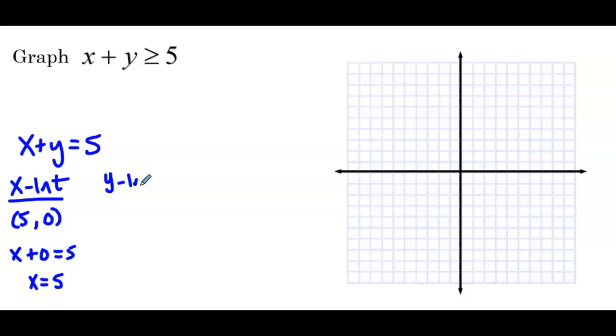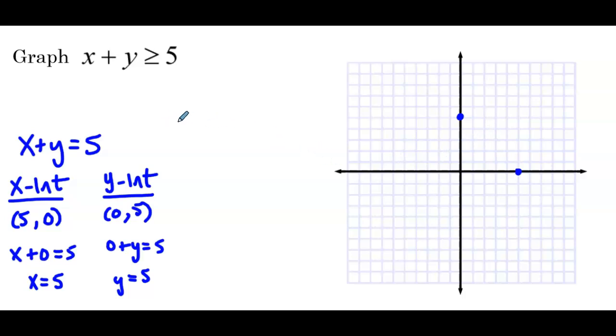And the y-intercept is the point whose x-coordinate is 0. So 0 plus y equals 5, y equals 5. So 2 points on the line, 5, 0 and 0, 5. So 1, 2, 3, 4, 5, 0, and 1, 2, 3, 4, 0, 5.